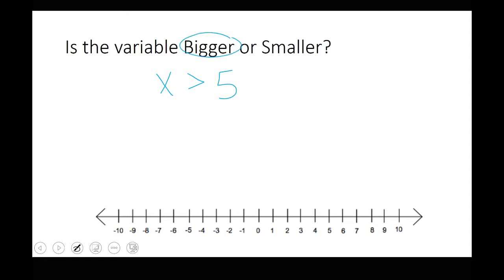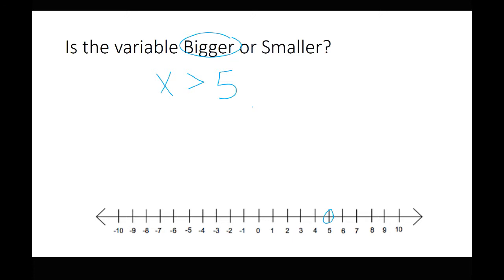In this case, it's bigger because I said that it was greater than. So on the number line, we go to the 5. We will do an open circle. Okay, it's open because it is not an or equal to. Remember, if it does not have the line underneath the inequality sign, then we do not color in the circle.